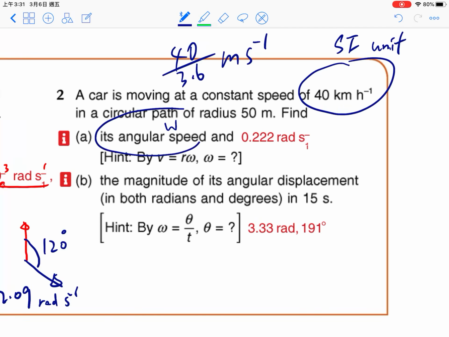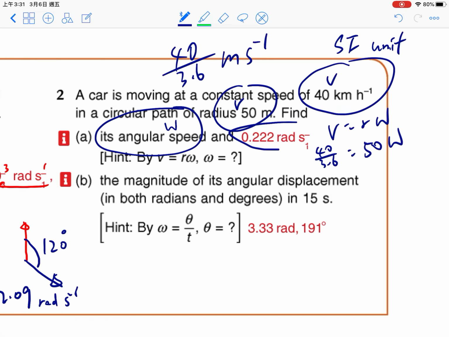Okay, what is the angular speed? So, omega. And here we have r with v. So by substitution, v equal to r omega, very easy. 40 over 3.6 equal to 50 omega. So we can get the answer here. Okay, 0.222. And find the angular displacement.